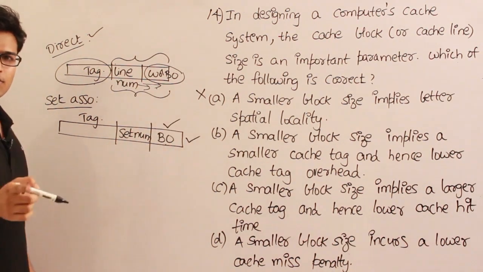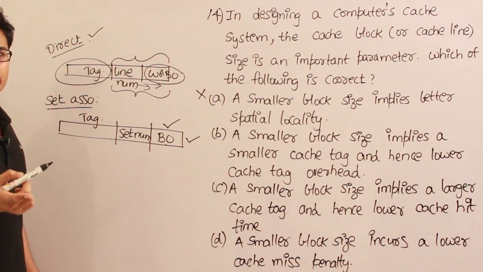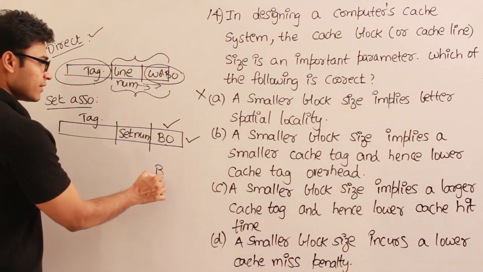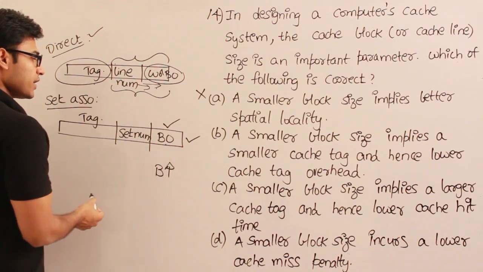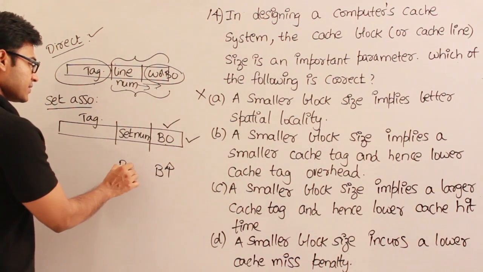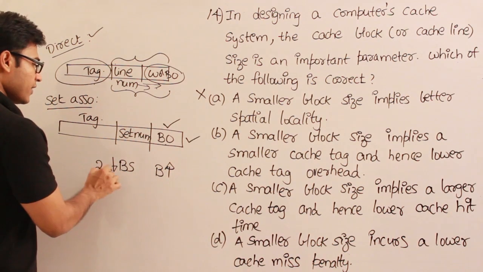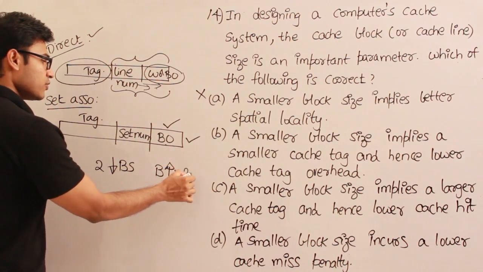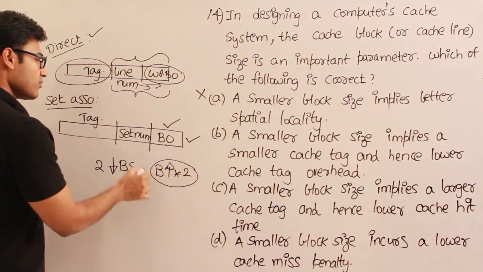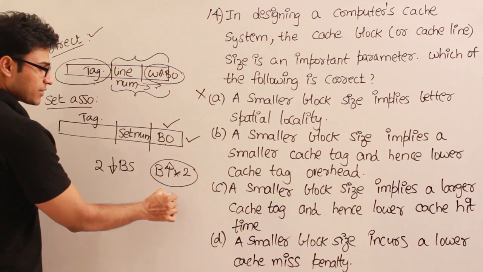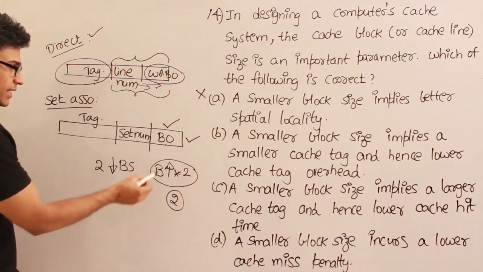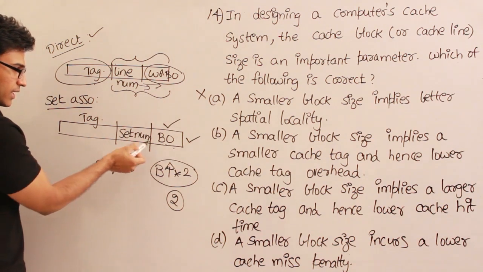If I decrease the cache block size, the number of blocks or lines will increase by 2 times. If the number of blocks has increased by 2, then the number of sets will also increase by 2.